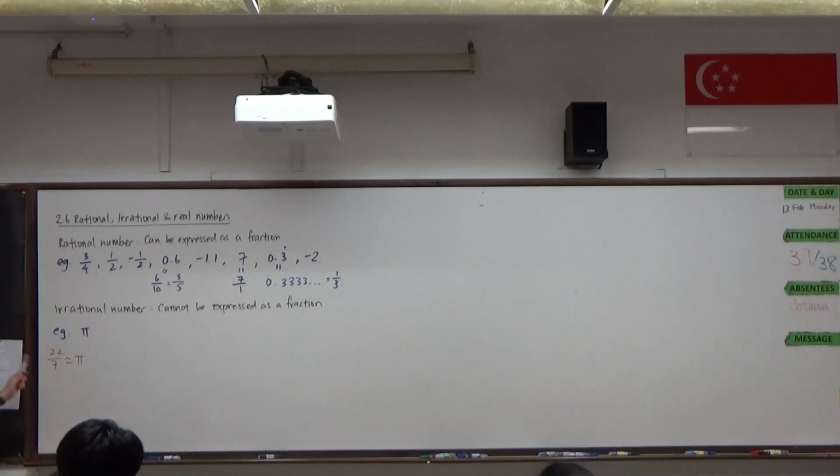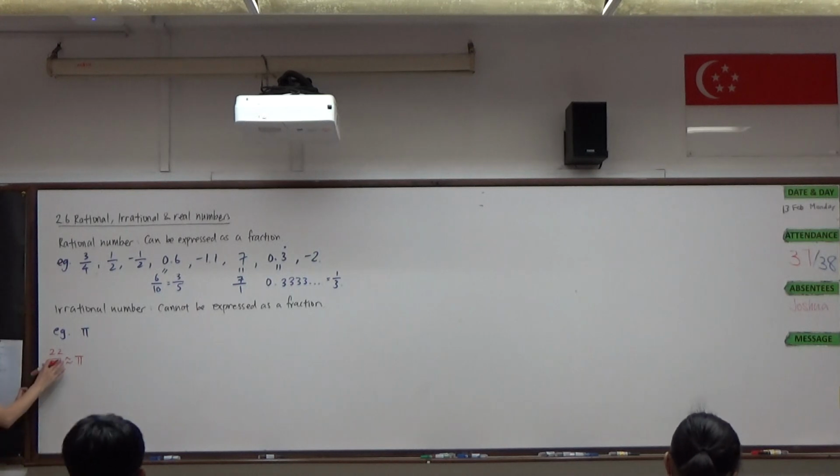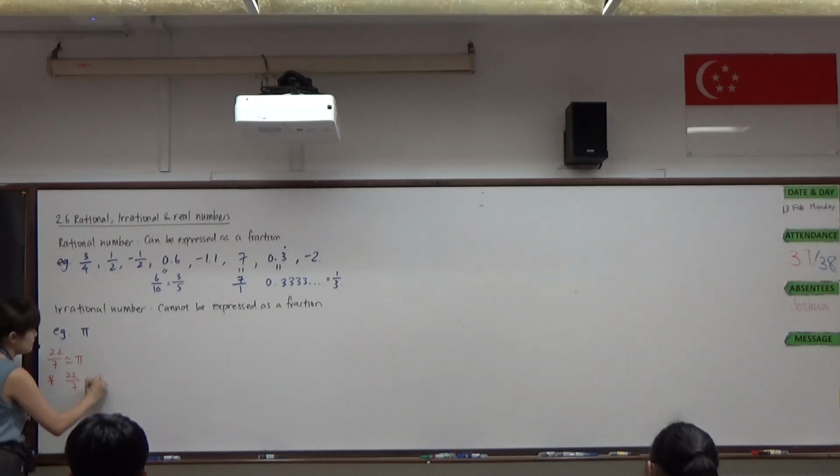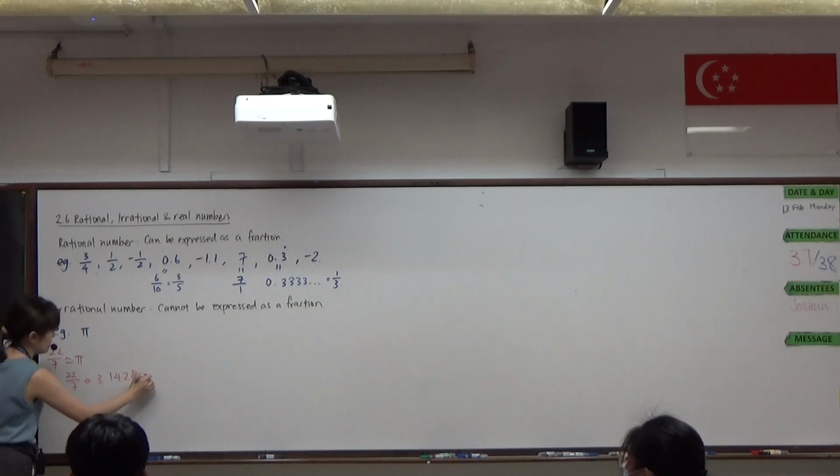So in primary school, 22 over 7 is an approximation of pi only. They are not exactly the same. In fact, if you press your calculator, something very important to note: 22 over 7 is about 3.1428 and so on, right?